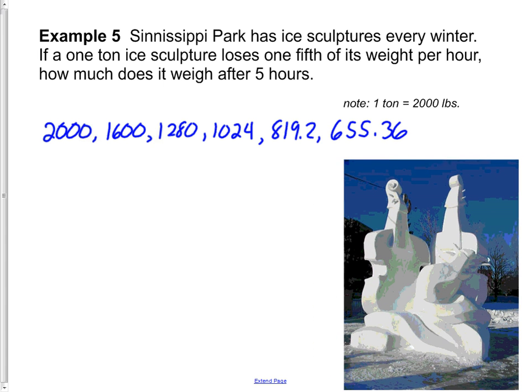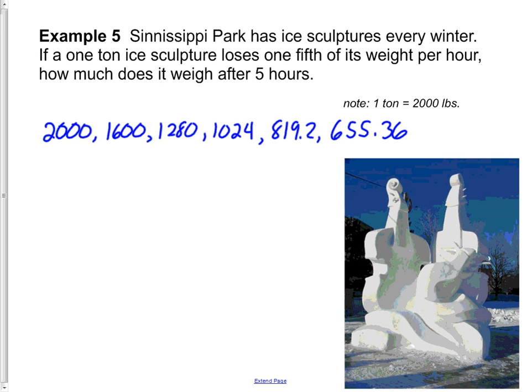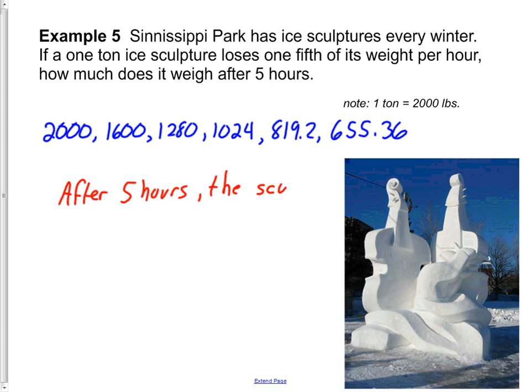Move our picture out of the way so you can see it a little bit better here. So in this case, after 5 hours, the sculpture will weigh 655.36 pounds.